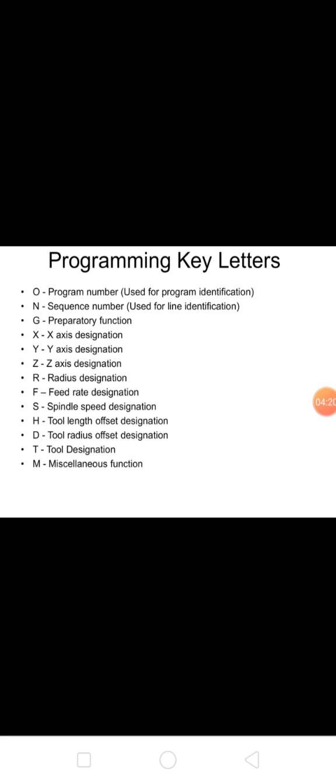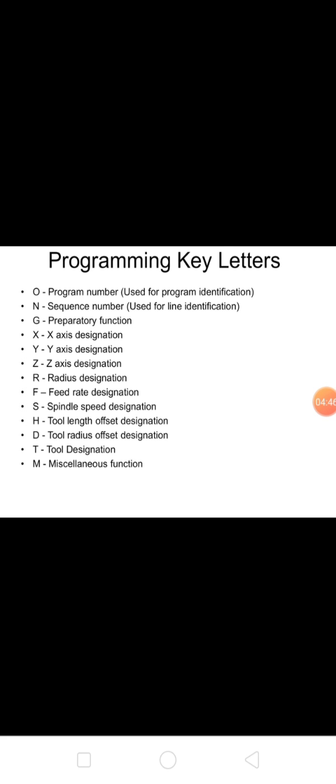Some programming key letters are: O denotes the program number. Capital N is the sequence number. Capital G, preparatory function. X, Y and Z denote the X, Y, Z axis designations. Capital R is the radius designation. Capital F is the feed rate designation.